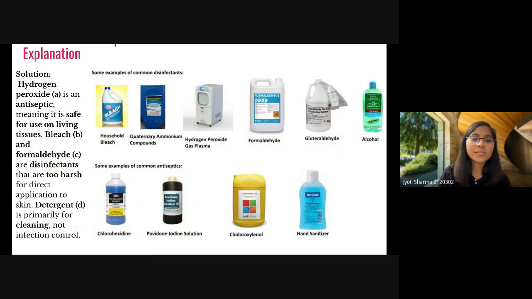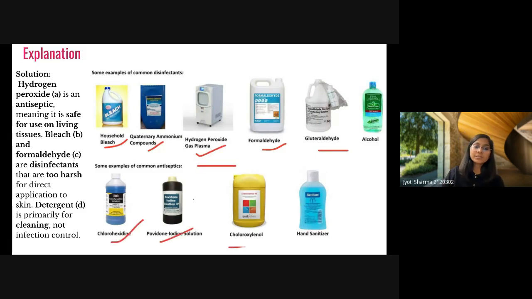Here you can see we have a lot of disinfectants, for example household bleach, then we have ammonium compound, then we also have hydrogen peroxide gas plasma, formaldehyde, alcohol, a lot. But in the antiseptic we also have some other chemicals that we can use as the antiseptic. So you must know the difference between antiseptic and the disinfectant.